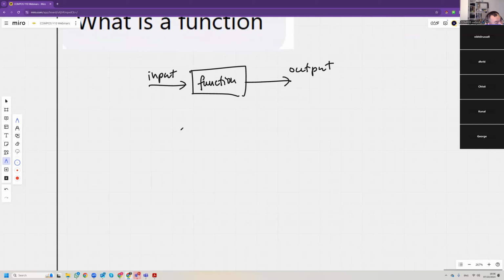For example, you can have a function of x, which is x squared plus 2x minus 1. So this is the input, and this is the output.